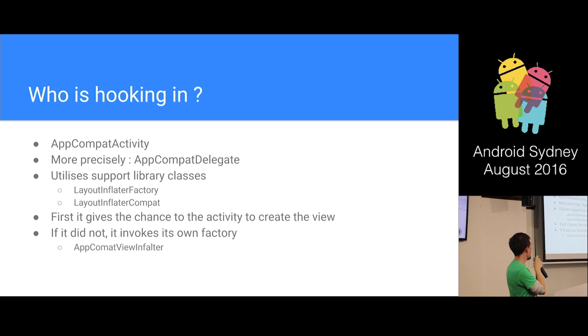So how are we going to hook into view creation, and how are we going to hijack this whole thing? The one part is we have to do it before onCreate. But we also don't want to lose the extra value that is being added by AppCompat to TextViews or any other views that are not part of the platform.